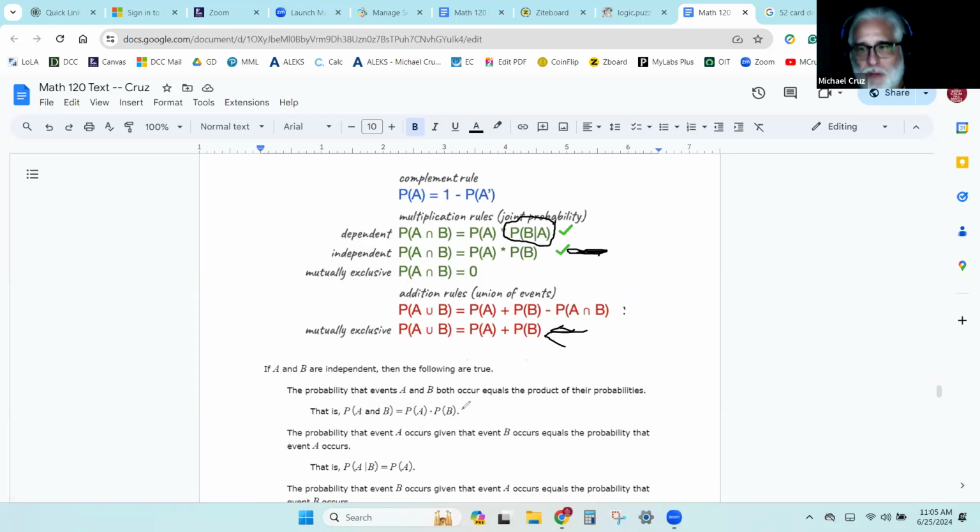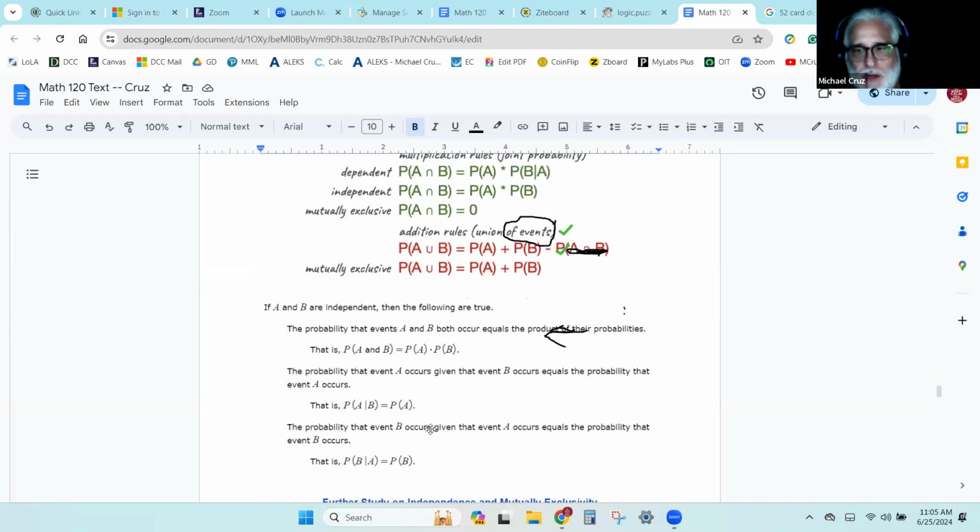And these are written the same way, I guess. Actually, there's two more things here that can also be helpful. This is the same thing that was up here, the second green check. But these right here can be helpful for determining independence.